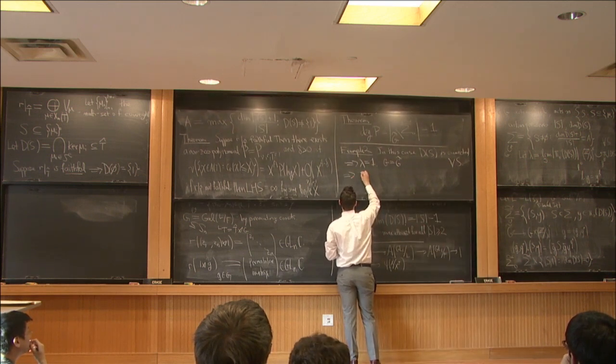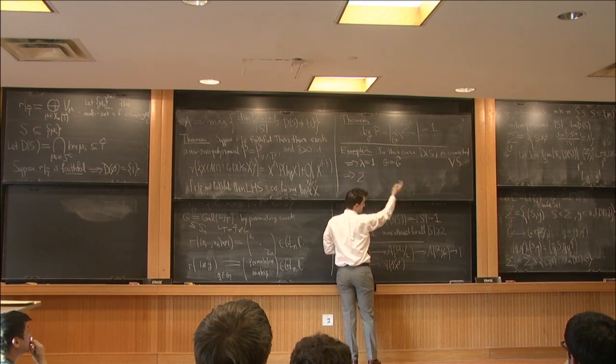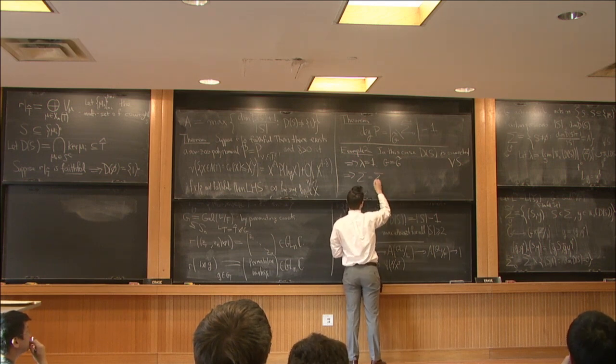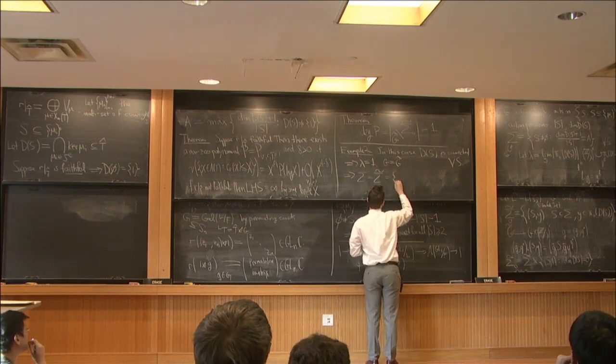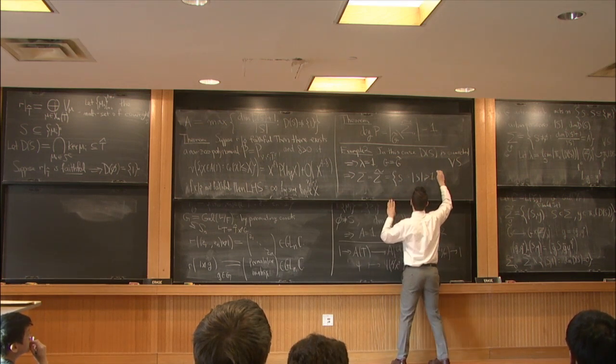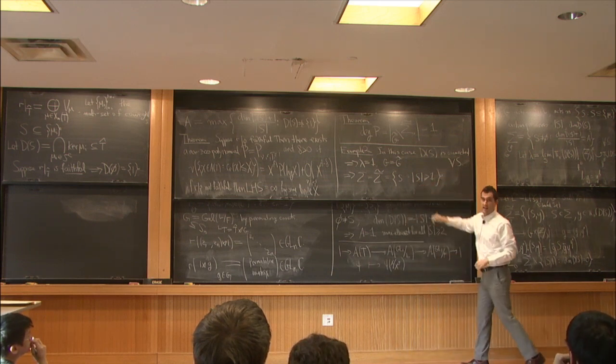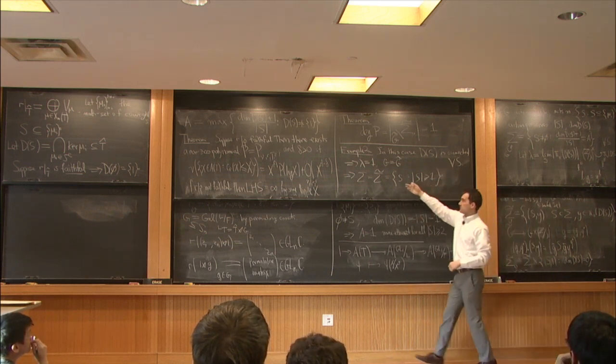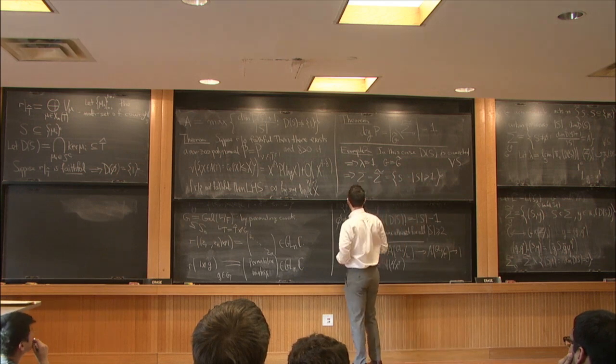So this implies that this set sigma is the same as sigma tilde, is the same as the set of subsets S of cardinality at least 1. So just every single set S is in this sigma.